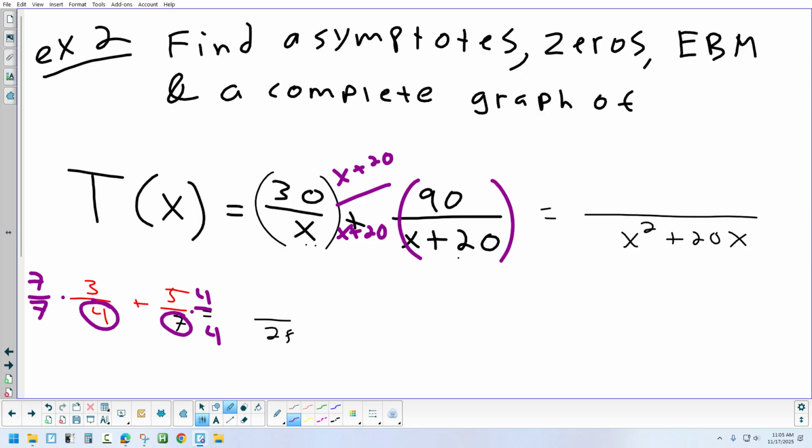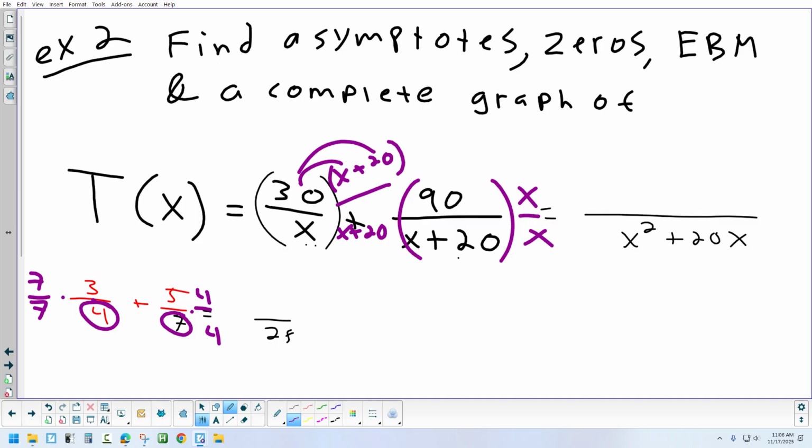And what would you multiply top and bottom by over here? Just the x. Okay. So when we do out the bottom, we have x times x plus 20 in both. That's the common denominator. When you multiply the top by x plus 20, you have to distribute it.